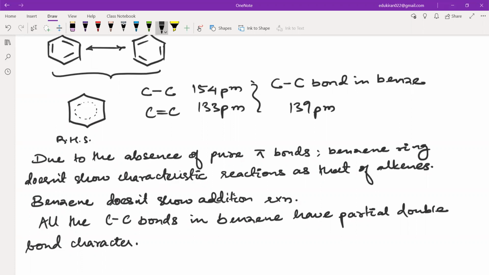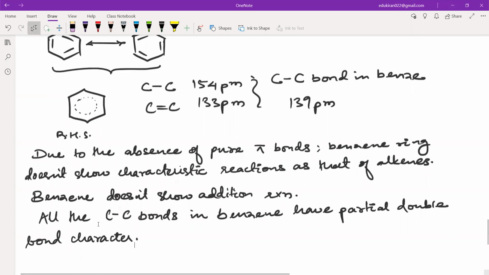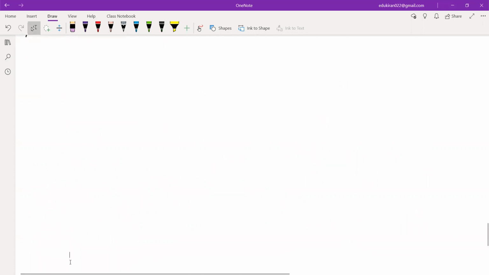So next is a series of electrophilic aromatic substitution reactions. Benzene particularly shows electrophilic aromatic substitution reactions. There are 5 reactions that we have to learn. We will do one today, and then we'll leave the rest of them for the next class.